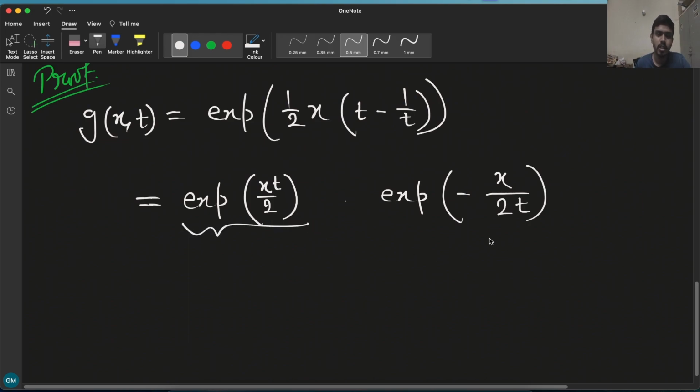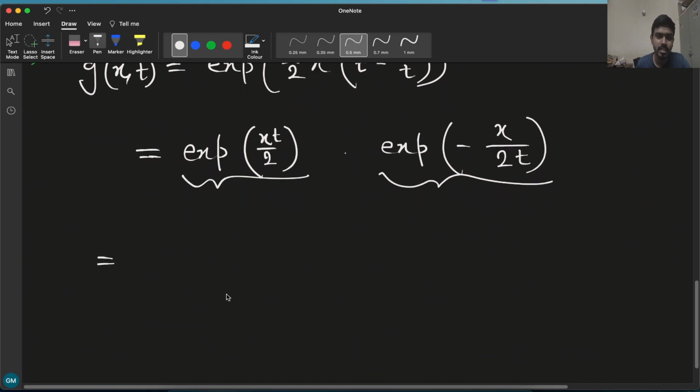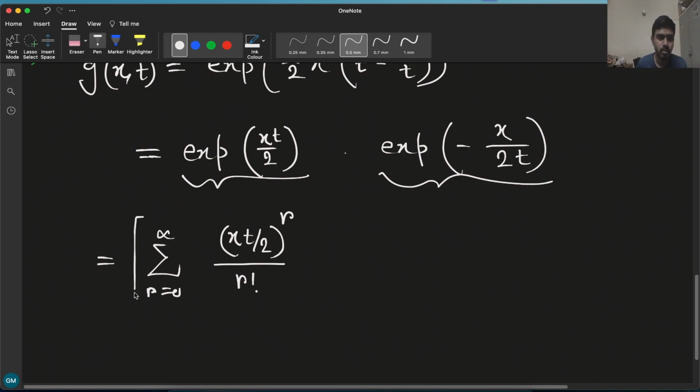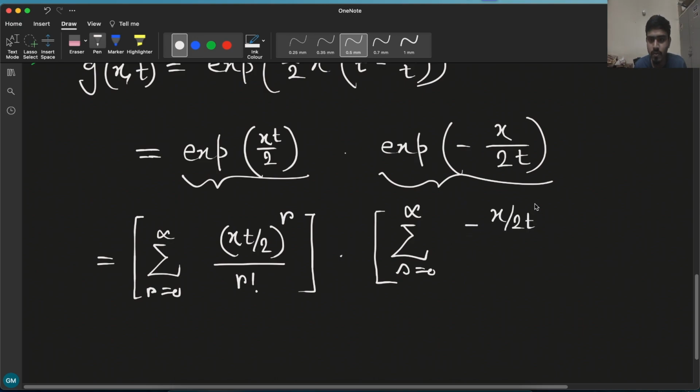Now if I expand these two exponentials in Maclaurin series, then what we will get is basically the sum over r equals 0 to infinity, the summation index, of x t by 2 to the power r divided by r factorial, times this function, which expanded in a Maclaurin series is the sum over s equals 0 to infinity of minus x by 2t whole to the power s divided by s factorial.